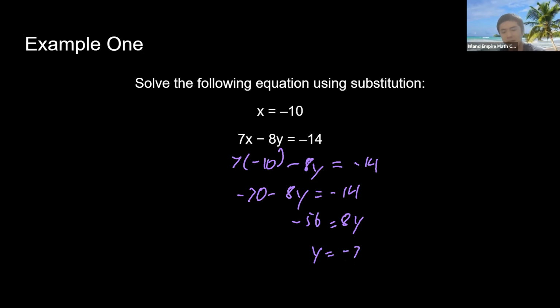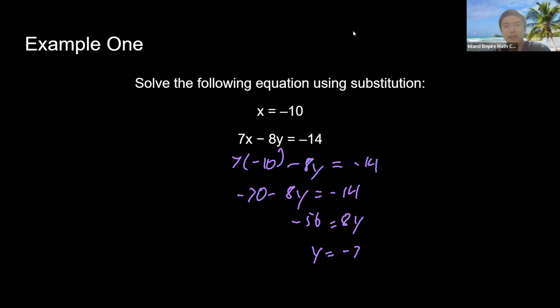So this is basically the essence of substitution. You want to solve one equation for one variable, and then you substitute that variable into the other equation to result in an equation with one variable, and then solve it like a single variable equation.